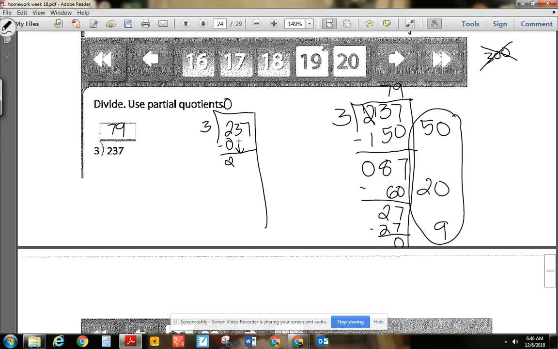I'm in the tens place. Bring down the tens. How many 3s fit into 23? 7. Because 7 times 3 is 21. I subtract. I'm in the ones place, so I bring down the 1. How many 3s fit into 27? 9.